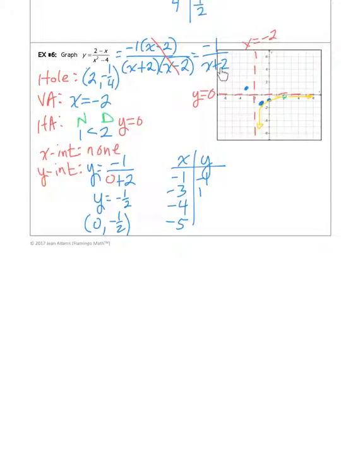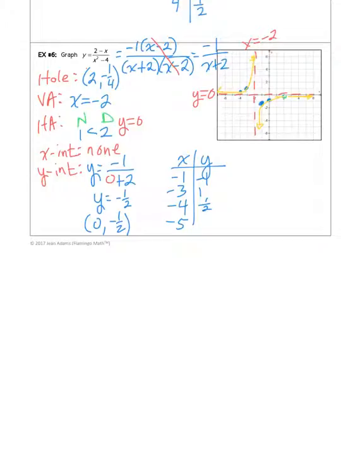Negative 4 plus 2 is negative 2. The two negatives cancel, and I'm going to have 1/2. I imagine negative 5 is going to get me really close, which it is, so I'm not even going to plug in negative 5. Based upon this, my branch is going to look like that.